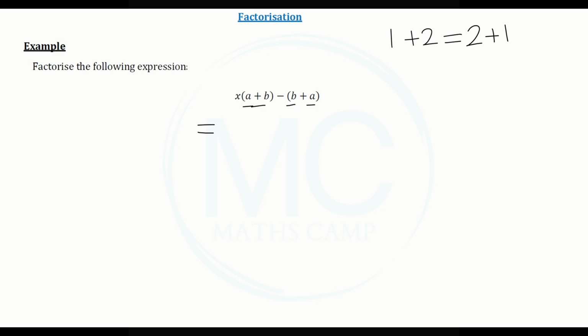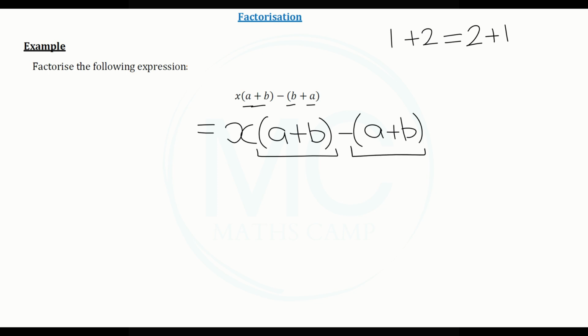So let's rewrite this expression and we say x, the bracket of a plus b, then a minus sign. Then the second bracket, we're going to rearrange and we say a plus b. Now we have a bracket a plus b over here and a bracket a plus b over here. And we can take it out as a common factor. So we can say the bracket of a plus b.